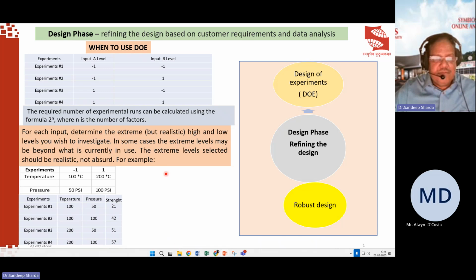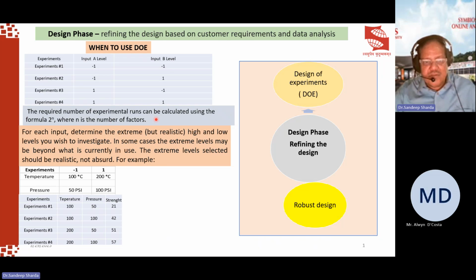Now, in the design phase, defining the design is based on customer requirements and data analysis. Experiment one: input level A is minus one, input level B minus one. Experiment two: minus one, plus one. Then plus one, minus one. And experiment four: plus one and plus one. The required number of experiment runs can be calculated using the formula 2^n, where n is the number of factors.